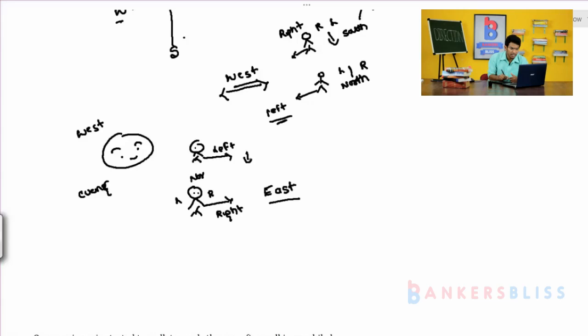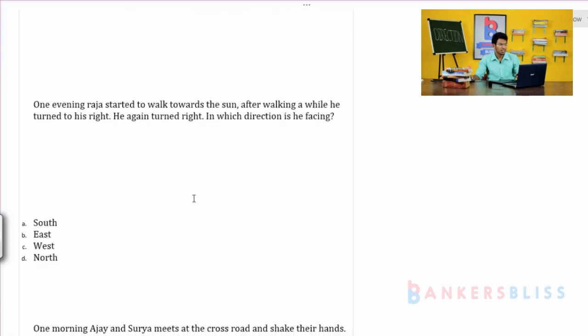Then the person is facing the south direction. Why? The shadow will be on the left side. It means the person is facing the south. Is it clear? When we have this knowledge, about south, east and west, and that the shadow is opposite, we can easily solve the problem. Look at the first question related to the shadow.